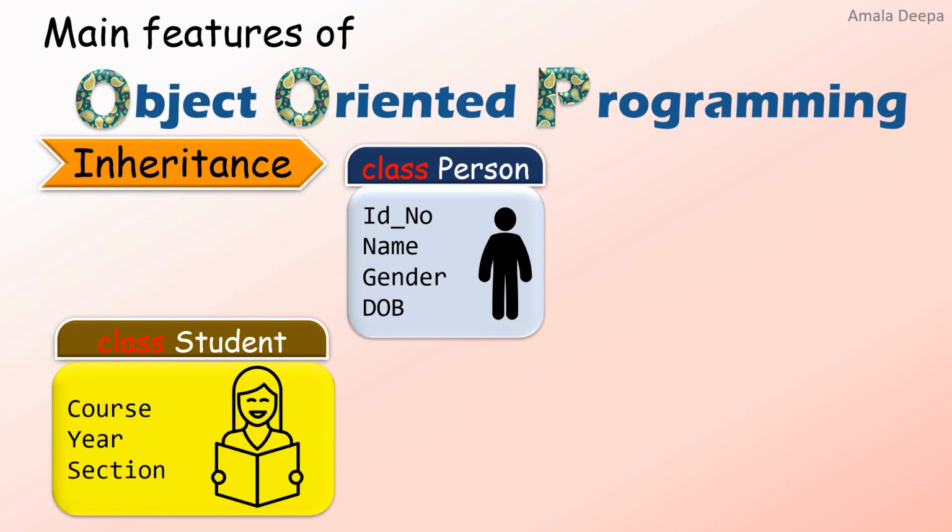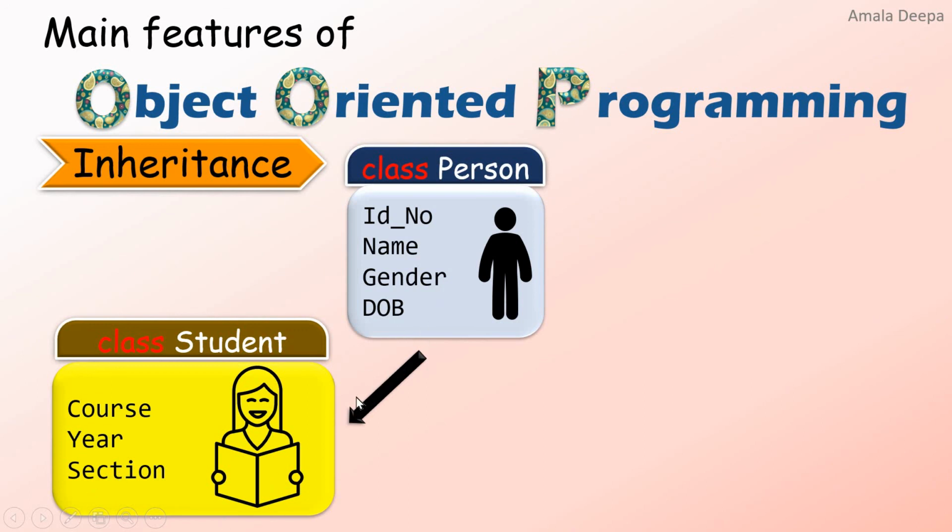And then when I create inheritance from class person to class student, it automatically acquires all the attributes of class person. By inheritance, class student can access all the properties of class person. That is, class student has attributes ID number, name, gender, date of birth, in addition to its own attributes course, year, and section.